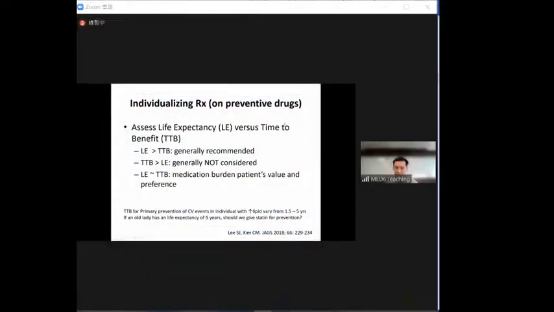It is mainly for preventive drugs, like calcium, bisphosphonate, and statin, for example primary cardiovascular prevention. You would want to judge if the patient's life expectancy is longer than the time to benefit. If so, we would generally recommend these preventive measures.